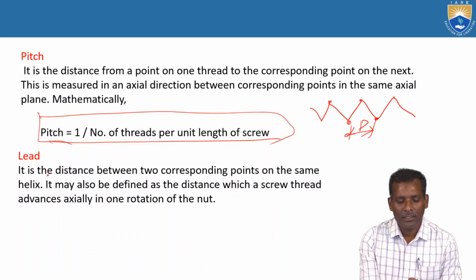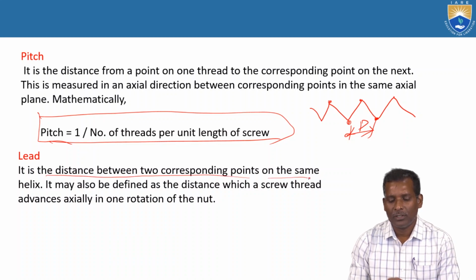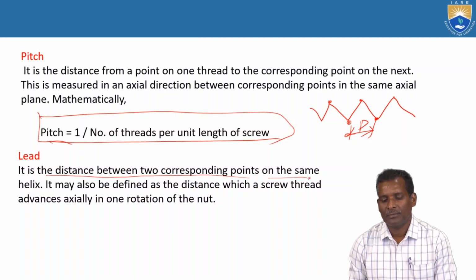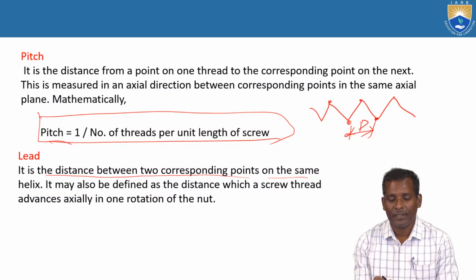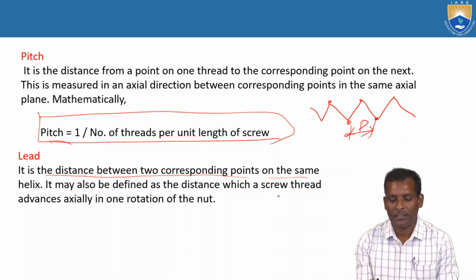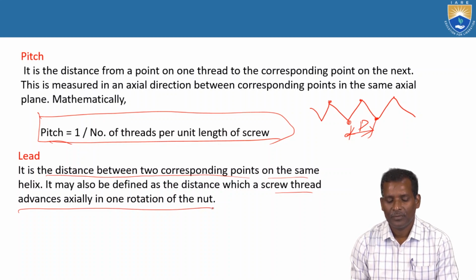Lead is the distance between two corresponding points on the same helix. It may be defined as the distance which a screw thread advances axially in one rotation of the nut.